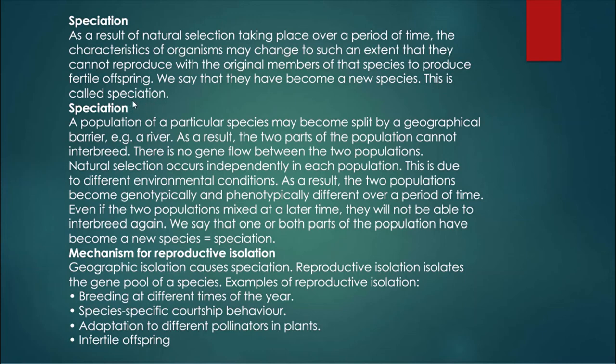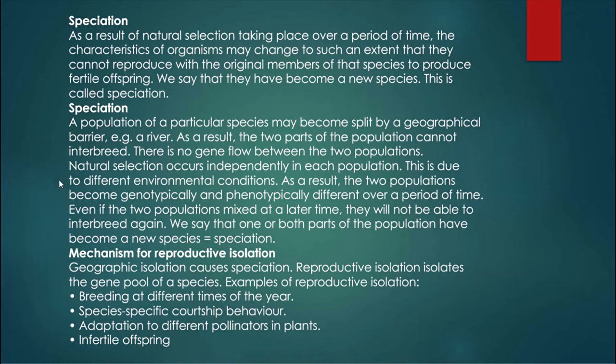This is called speciation. In speciation, a population of a particular species becomes split by a geographical barrier, e.g. a river. As a result, the two parts of the population cannot interbreed. There is no gene flow between the two populations. Natural selection occurs independently in each population.